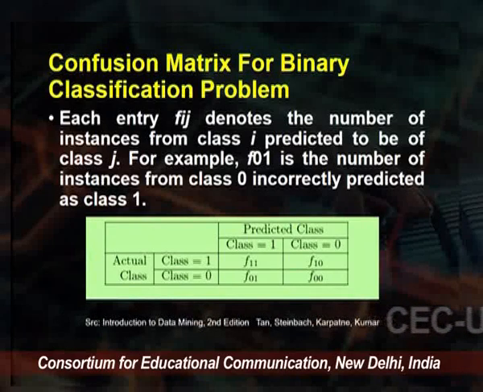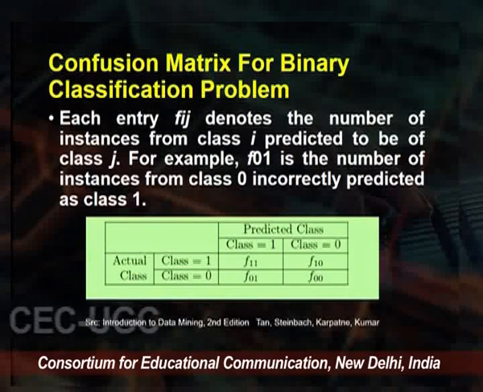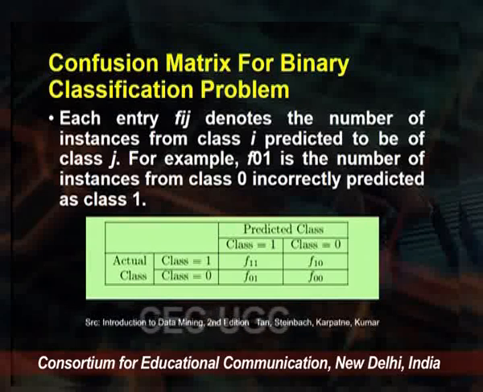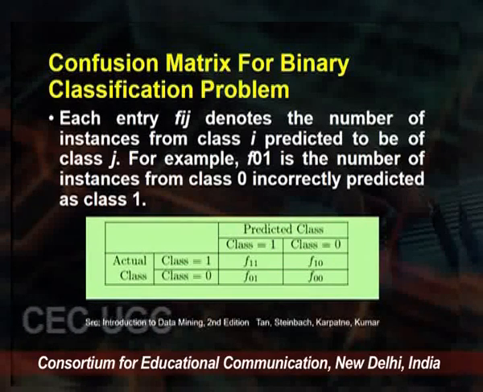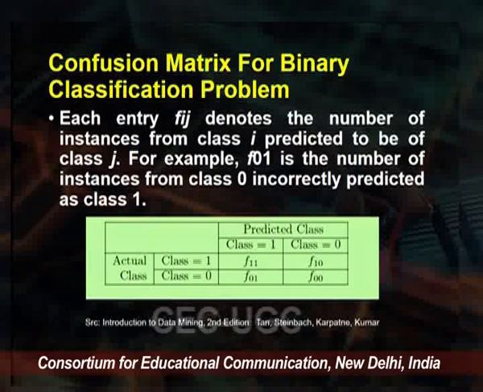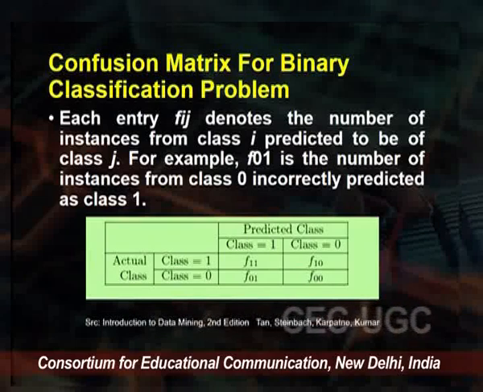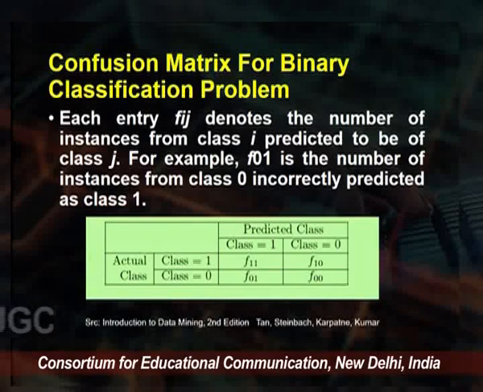Likewise, in the second row, we see that there is an entry F01. F01 means that the actual class was 0 but the predicted class was 1. So again this is an incorrect prediction, whereas in the second cell in the second row we see F00, that is the actual class was 0 and the model also predicted class 0.